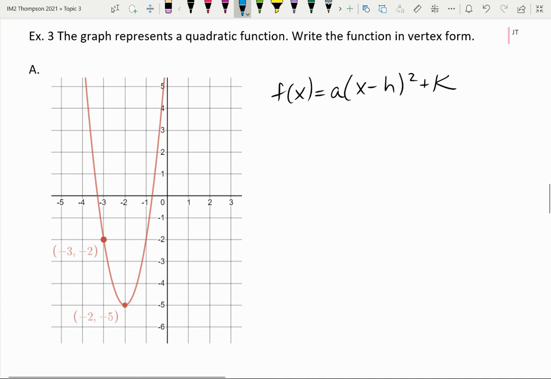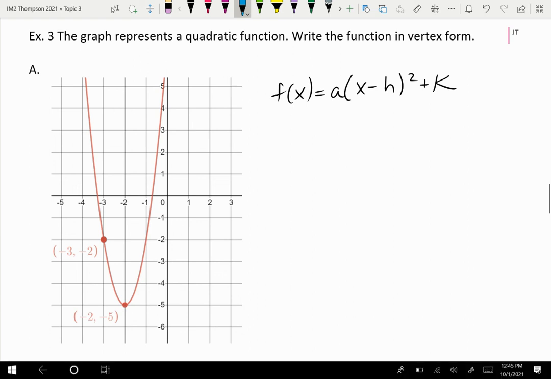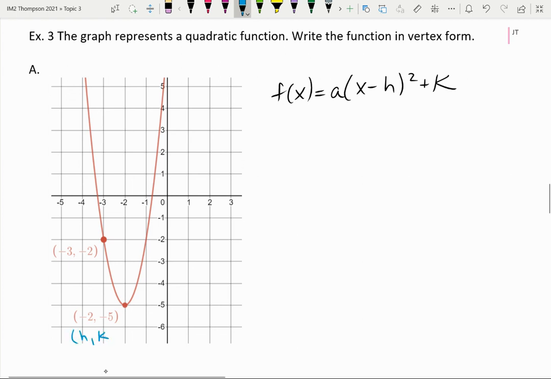The easiest part is the vertex. So this vertex down here, negative 2, negative 5, that's my h, k. So I'm going to plug that in.